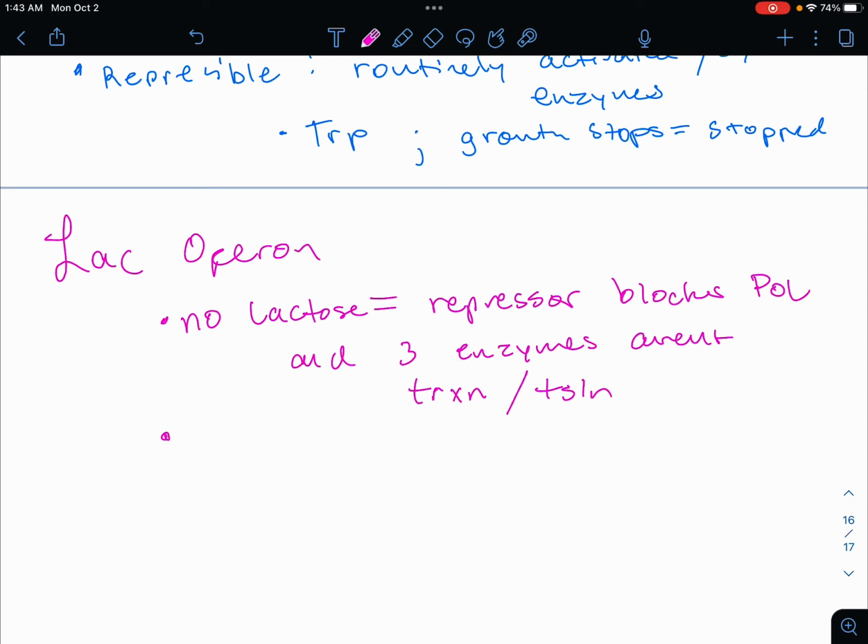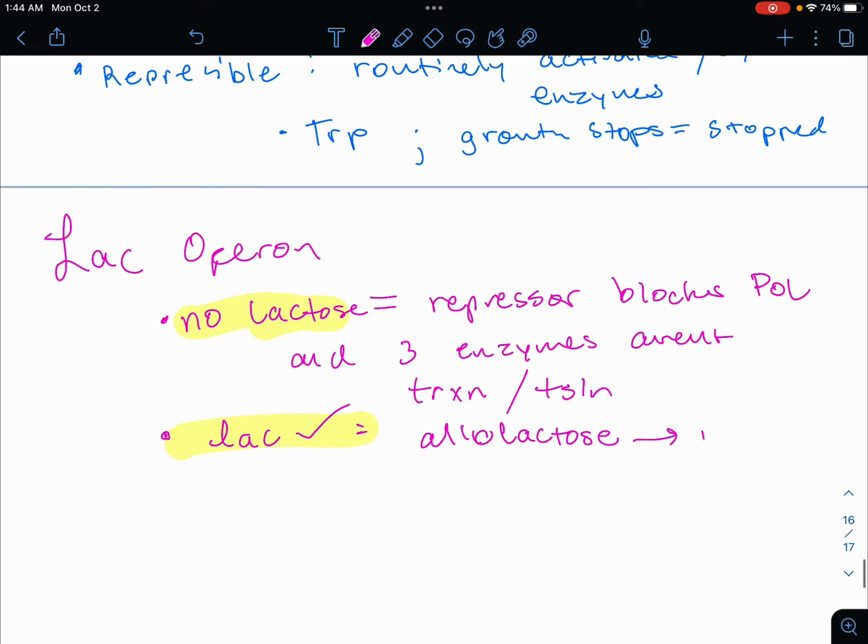But, however, when lac is present, so lac with a big old check mark, this means it could form this different style of lactose called allolactose. And again, allosteric, yes, those are related because this is going to bind to the repressor.